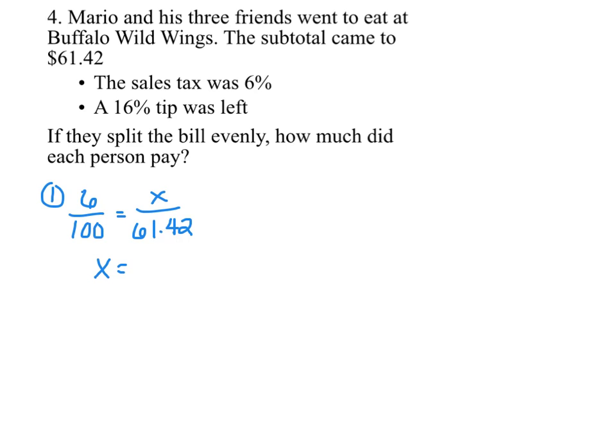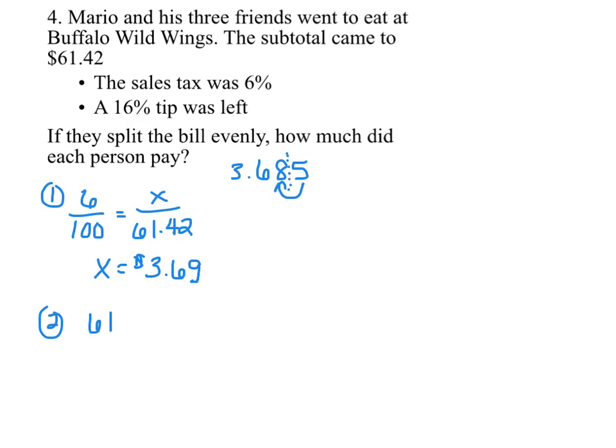I solve for x, and we should get $3.69. So in your calculator, it was 3.685. Remember, I only want 2 digits after the decimal. This 5 will make this 8 bump up to a 9.